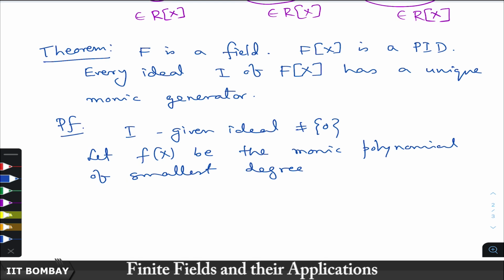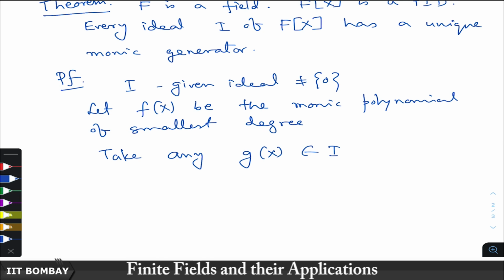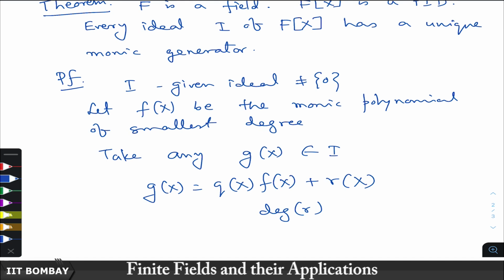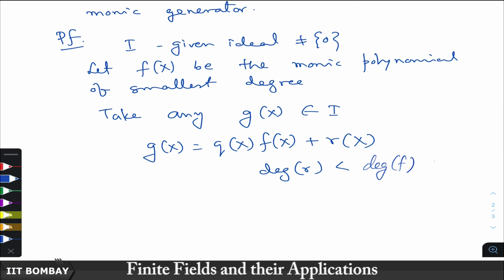Then the claim is that every other element in the ideal is a multiple of f(x). So, take any other polynomial g(x) in I, then one can divide g(x) by f(x) and write g(x) equal to q(x) f(x) plus r(x), where the degree of r(x) is less than the degree of f(x). Now, we will show that r(x) must be 0. Why?